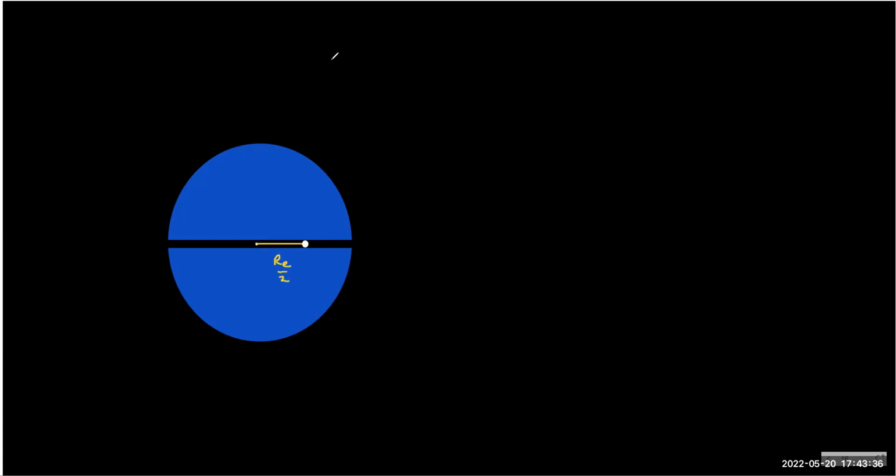The only thing that will change is we're trying to throw to escape the Earth, and therefore the escape velocity, how to calculate? The answer is simple. Just write the energy conservation because eventually you have to escape the Earth, which means the final kinetic and final potential must be zero.